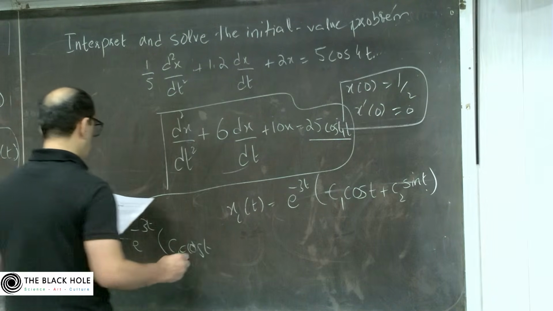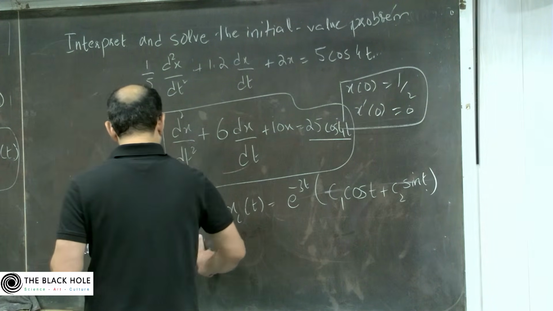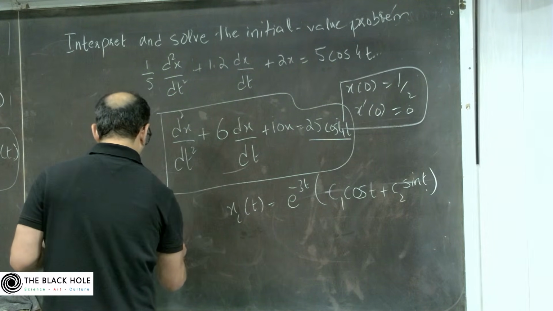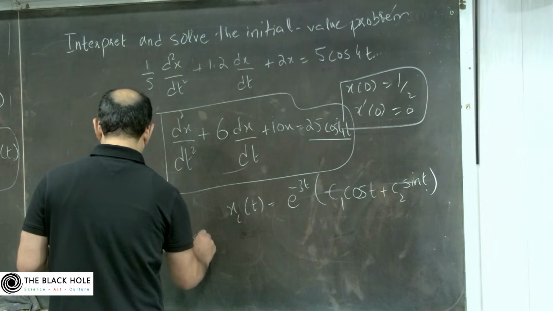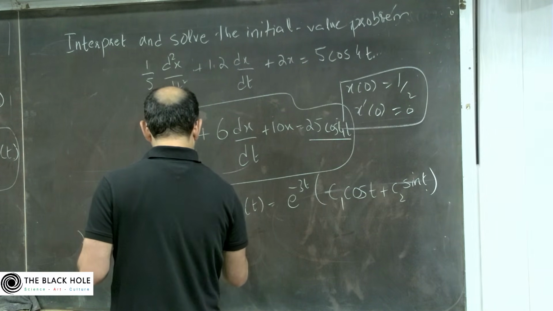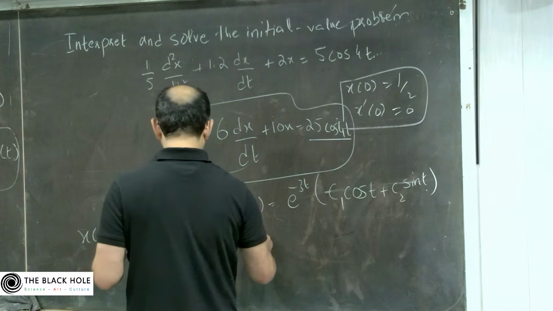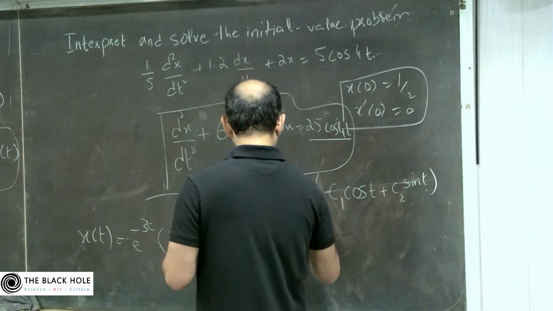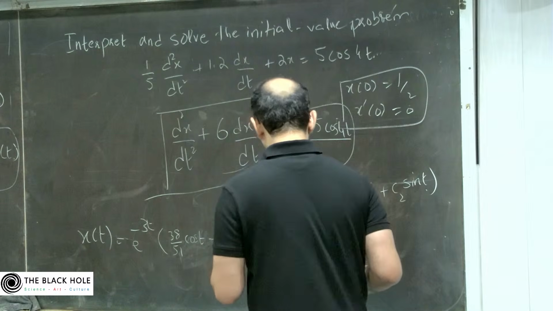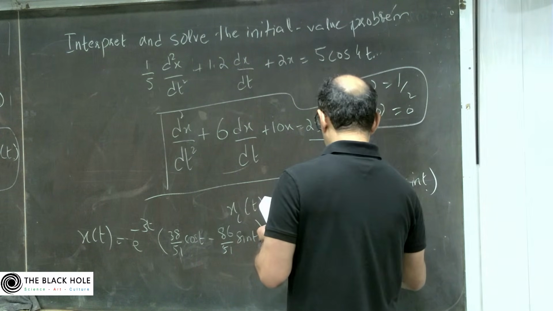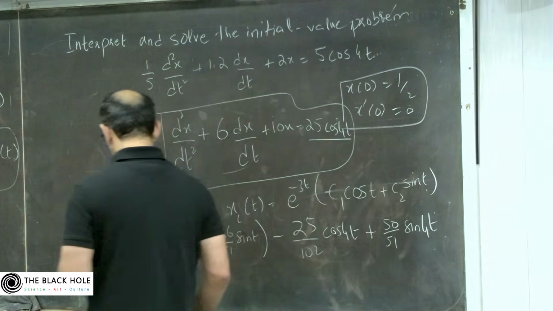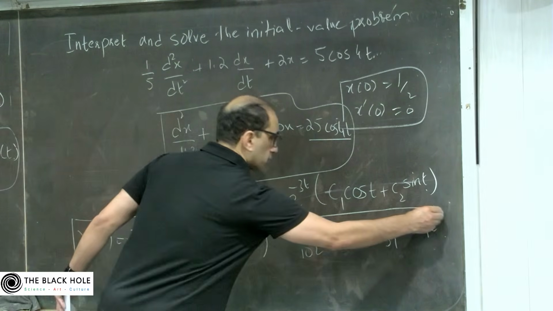In fact, if I apply the initial values and calculate the whole thing, I will get 38 by 51 cosine of t minus 86 over 51 sine of t minus 25 over 102 cosine of 4t plus 50 by 51 sine of 4t. This is the complete solution that I have.